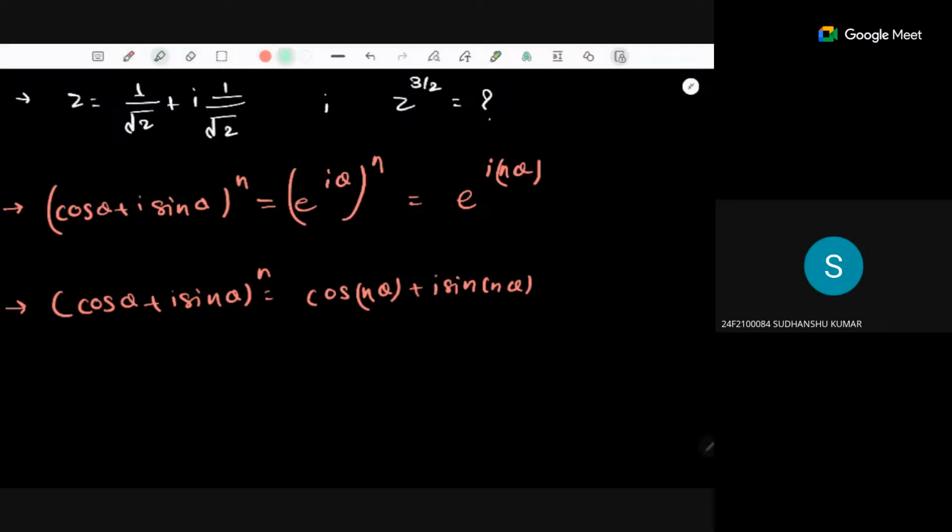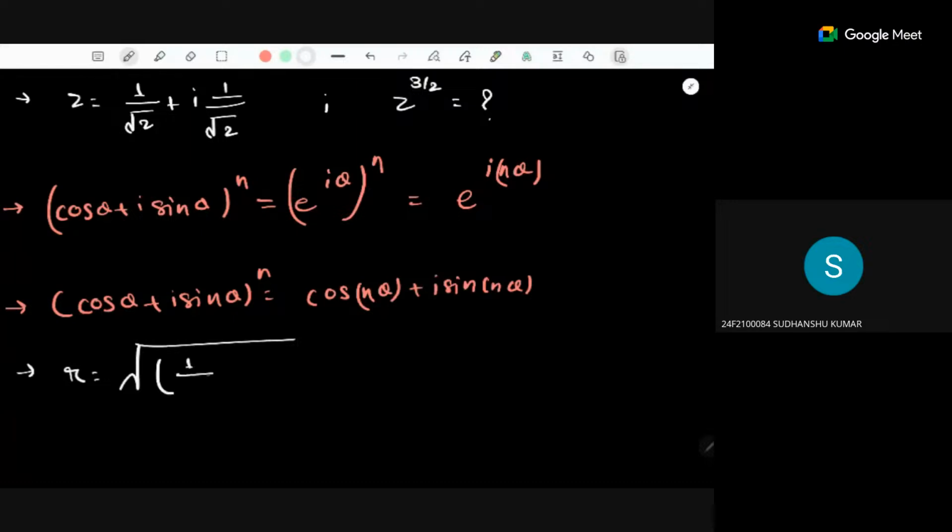So the example says, if the complex number z is 1 by root 2 plus iota into 1 by root 2, then what is the value of z to the power 3 by 2? So first of all, we will convert this complex number into its polar form. Here we know that the value of r is nothing but the root of a square plus b square. Here a is 1 by root 2, and b is also 1 by root 2.